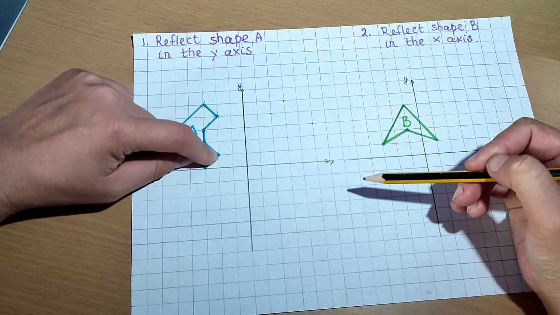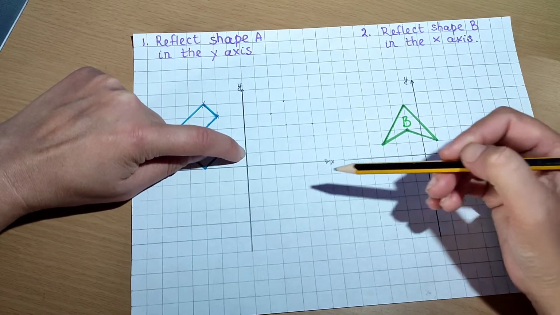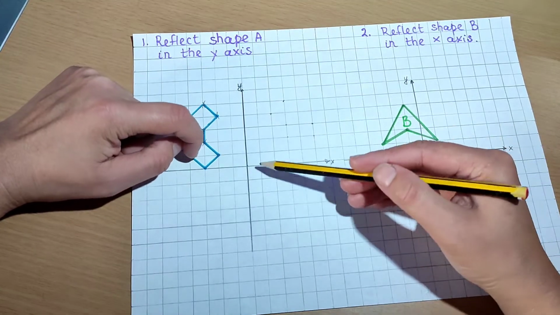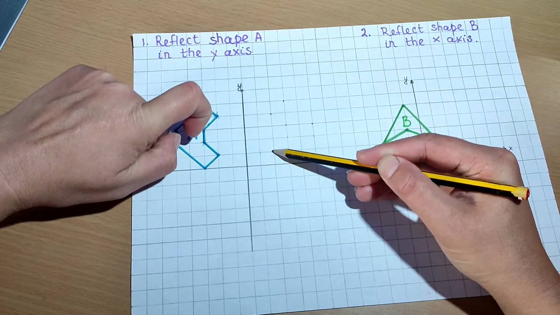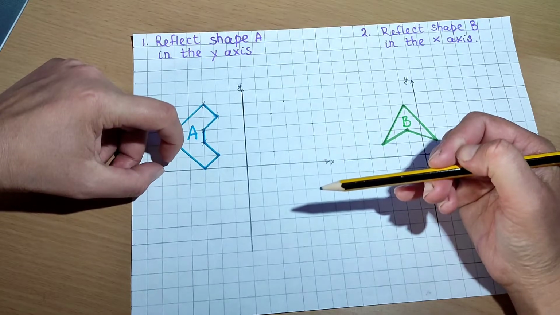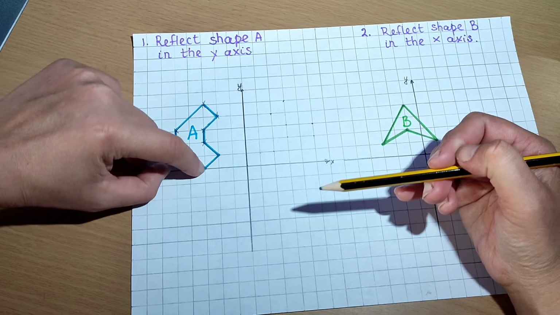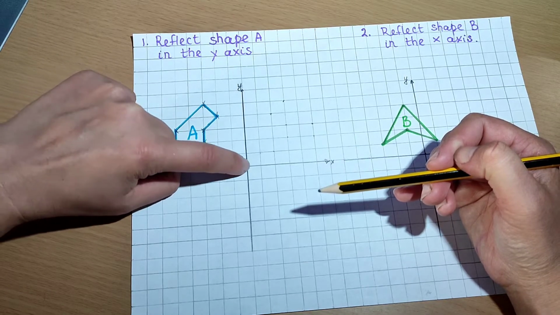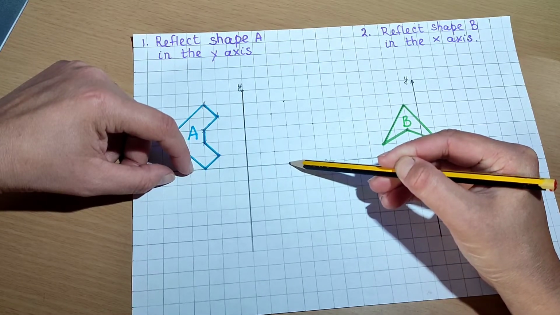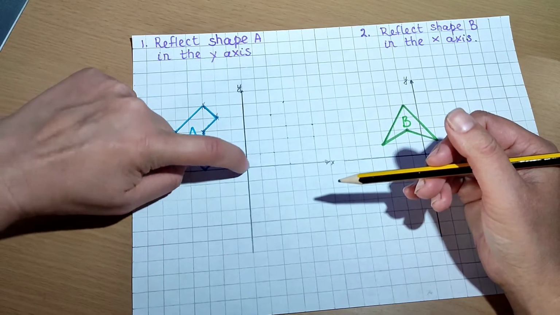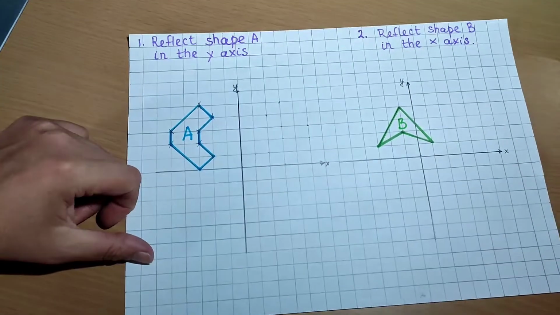Let's start with the top one. It's 1, 2 squares to the y-axis, so we need to do 1, 2 squares from the y-axis. And the last one is 1, 2, 3 squares to the y-axis, so the same amount from the y-axis as well.